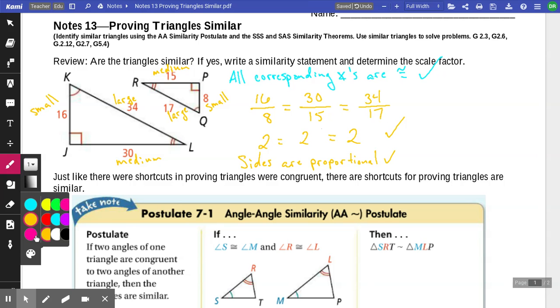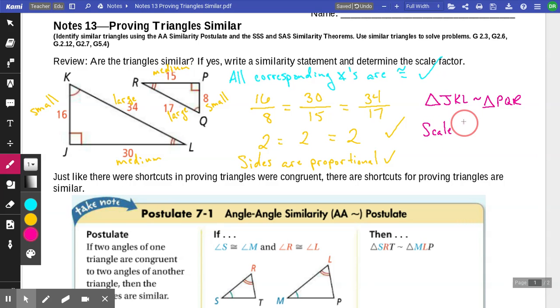And we could write that similarity statement, which says triangle, let's say JKL over here, is similar to triangle. The order matters. So remember, the order tells us which angles are congruent. So if we went from J and then to K, the next one needs to go from P, then to Q, followed by R. And lastly, for our scale factor, there are 2 that we could put.